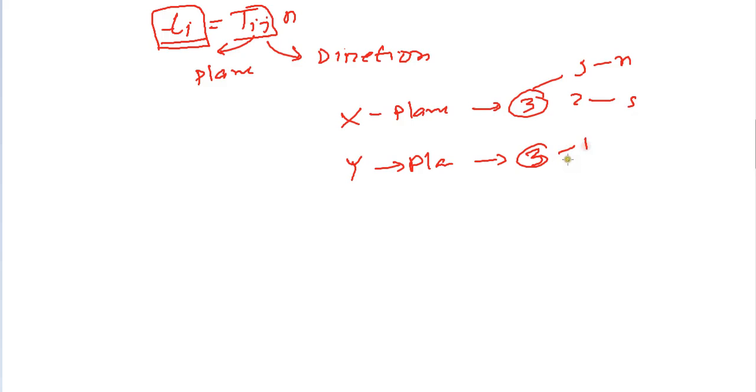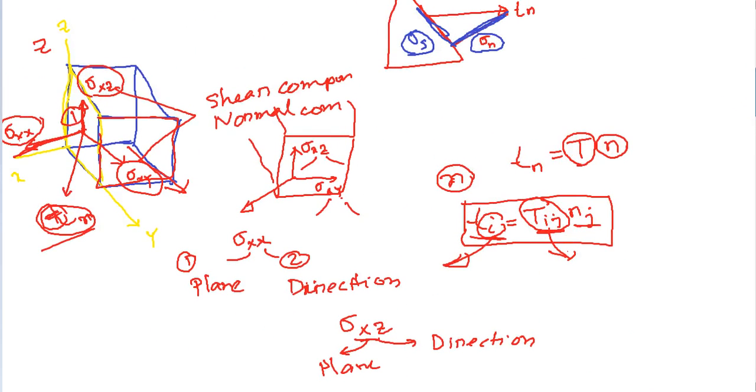Same way in the z plane we get three components, one normal and two shear, because we have already seen that on this plane we have one normal, sigma xx, and two shear, xz and xy, right?